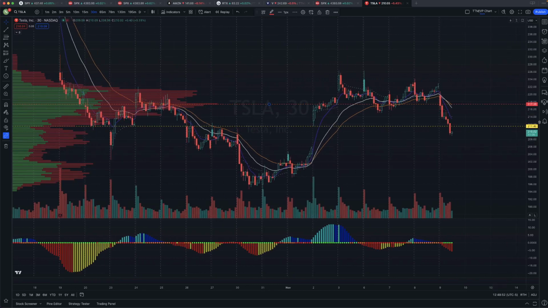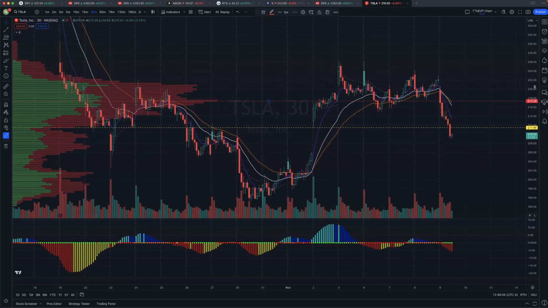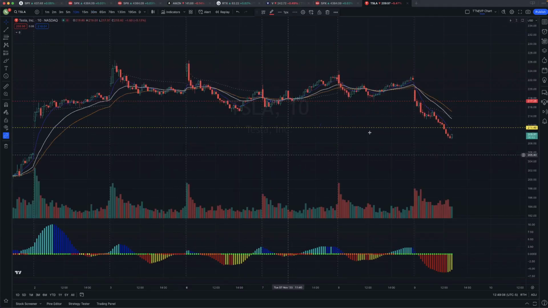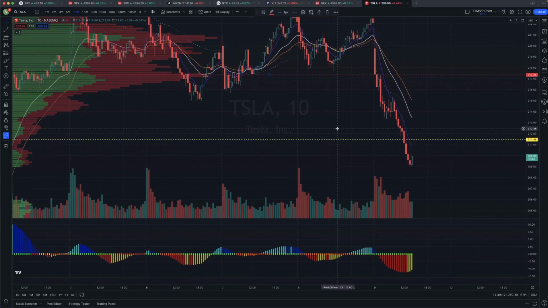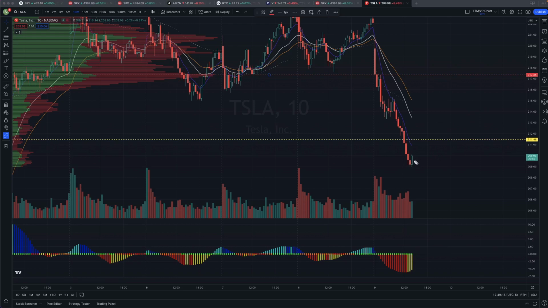So what I'm watching to see what happens here, there's kind of two things that I could see happening. Number one, let's go to a 10-minute chart. Okay, same lines, 10-minute chart. We've broken below. So what I'm watching for now is two things.